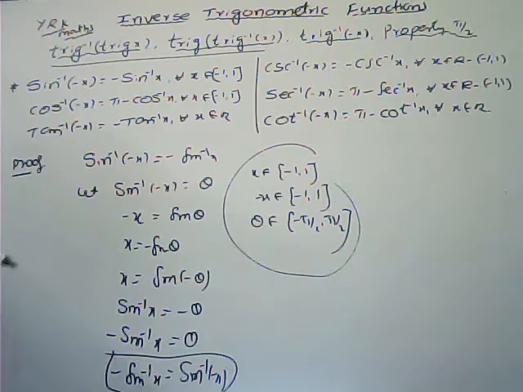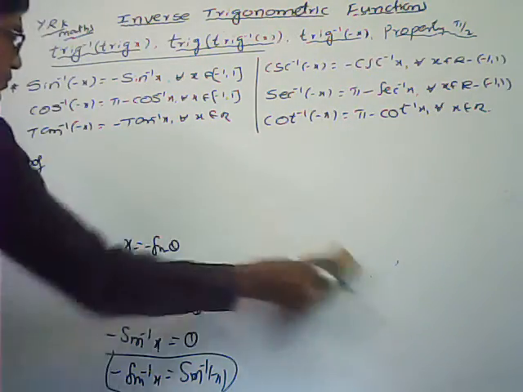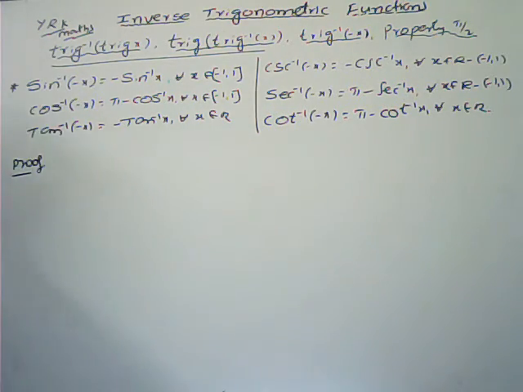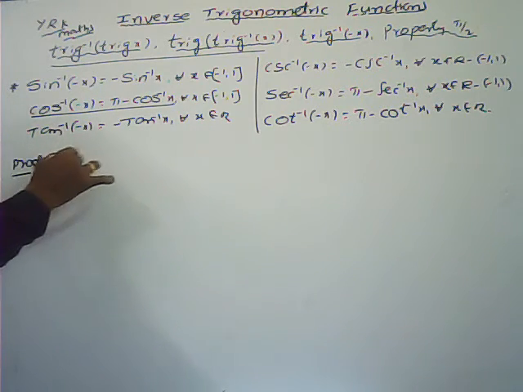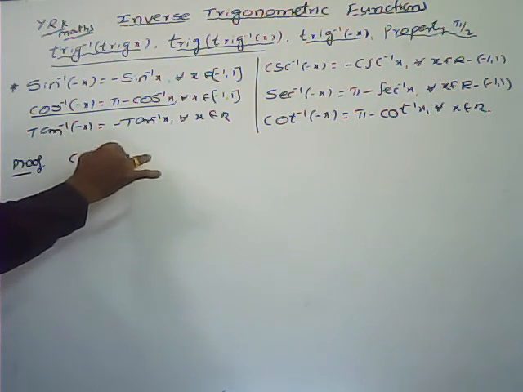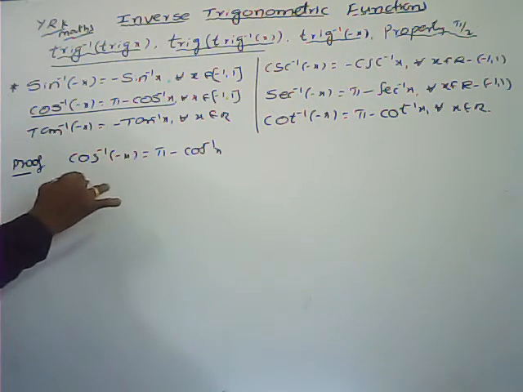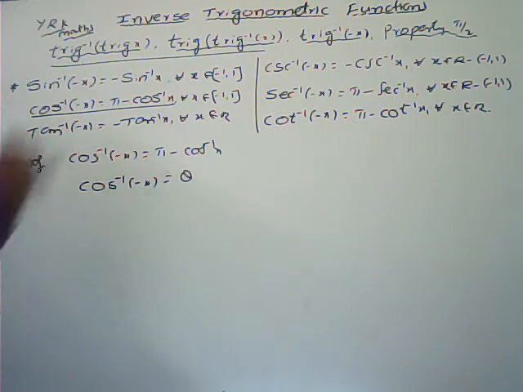Now next we can discuss the second one also. How can we get cos inverse of minus x equals pi minus cos inverse x? Here I am taking cos inverse of minus x to be theta.